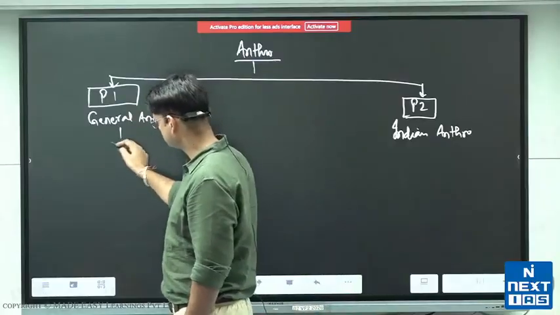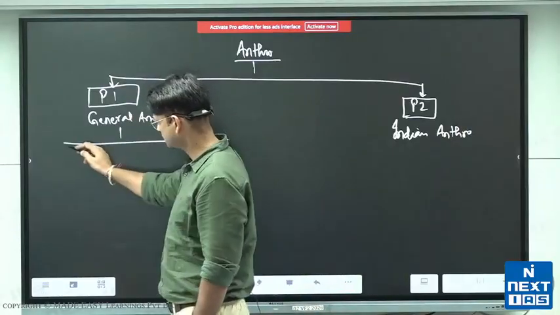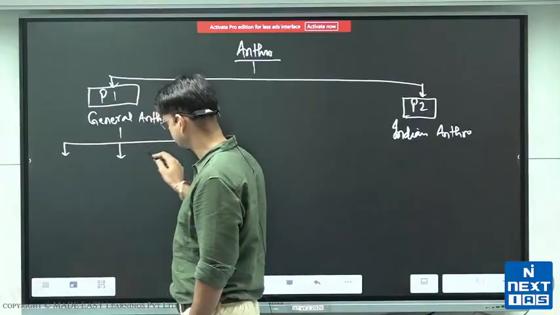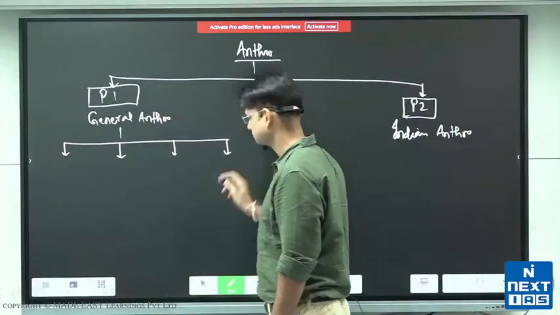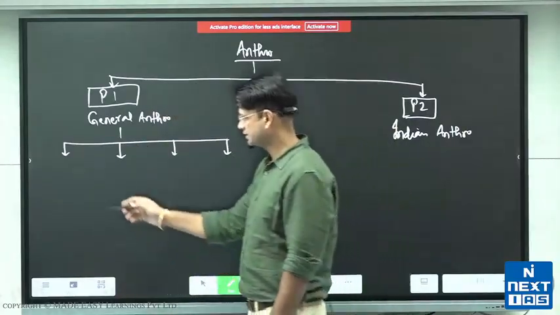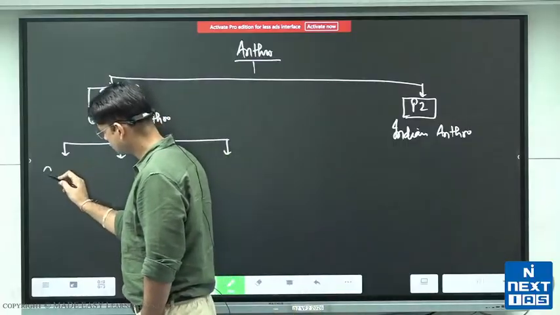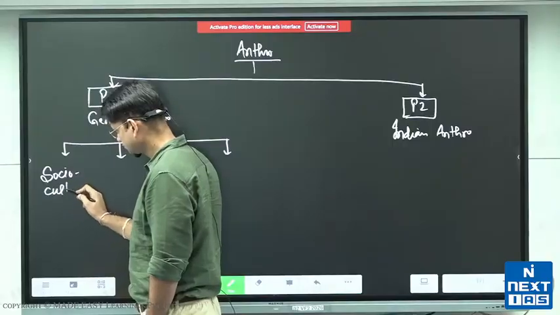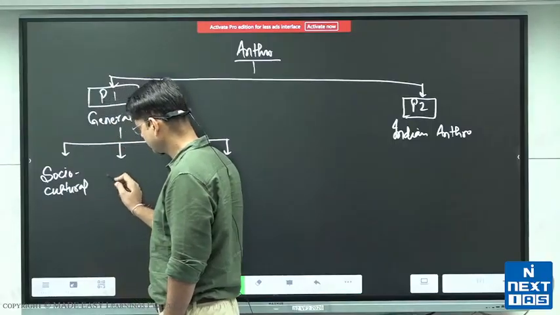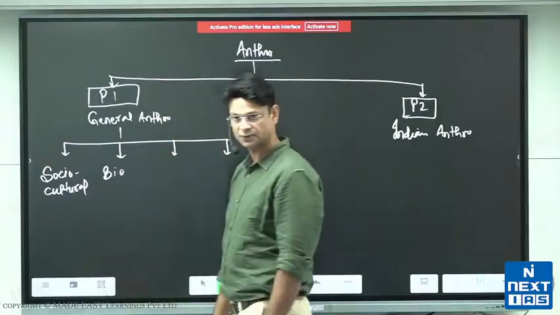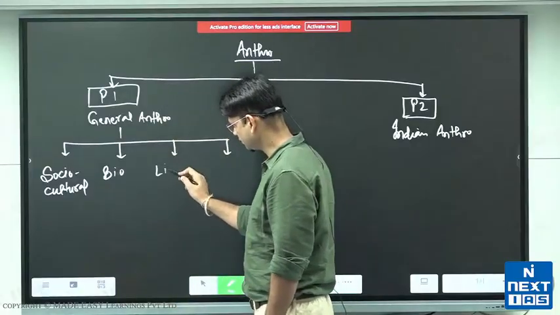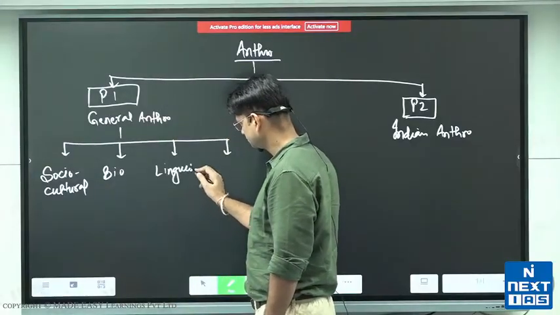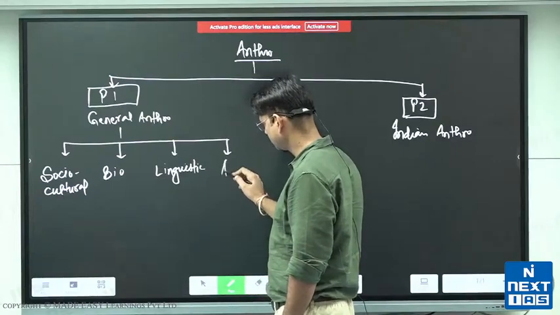Now this paper 1 is subdivided into 4 subdivisions, 4 branches. The first is socio-cultural anthropology. Second is biological anthropology. Third is linguistic anthropology. And archaeological anthropology.